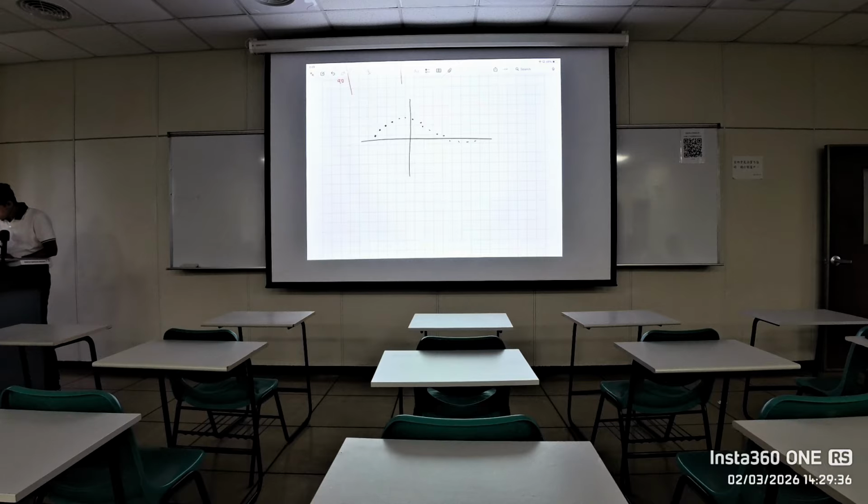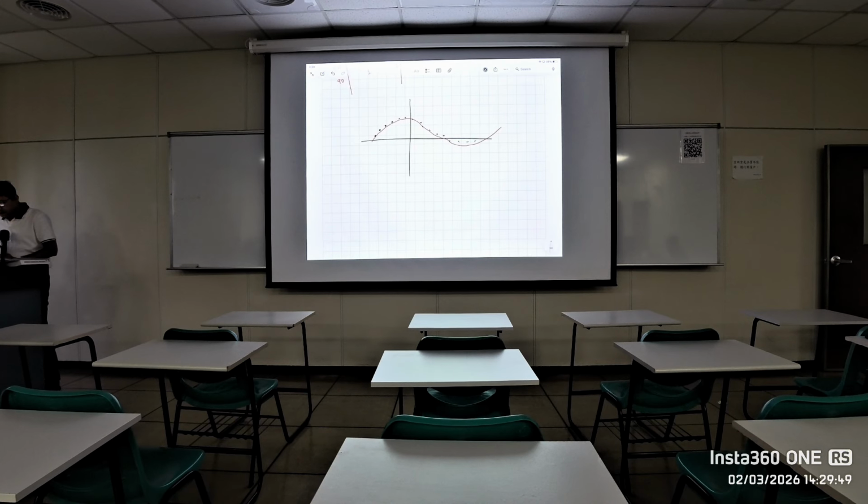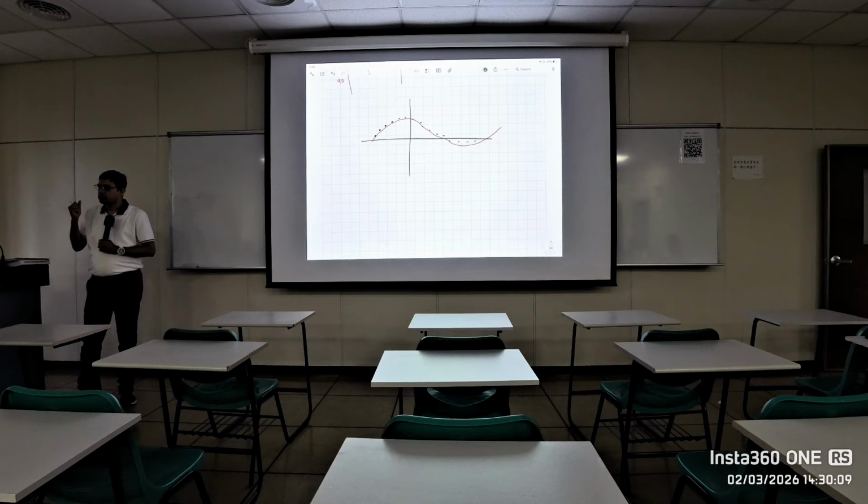Then, if I connect these values, I may get a similar kind of graph. So based on the initial conditions, I calculate the computational points. Then when I connect those points, I get a graph. Calculating these computational points by that particular method is what we call Euler's method.